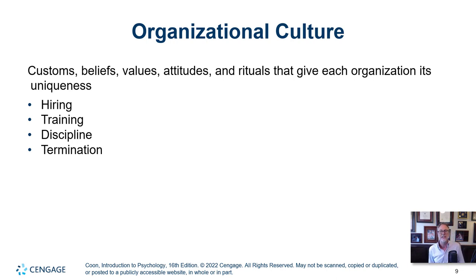Organizational culture includes such things as how people are hired and trained, how they're disciplined when their job performance is not up to par, and how, of course, they would be terminated. Their contract could be terminated. It also includes how employees dress, communicate with one another, resolve conflicts, share power, identify with these organizational values, negotiate contracts, and even celebrate special occasions.